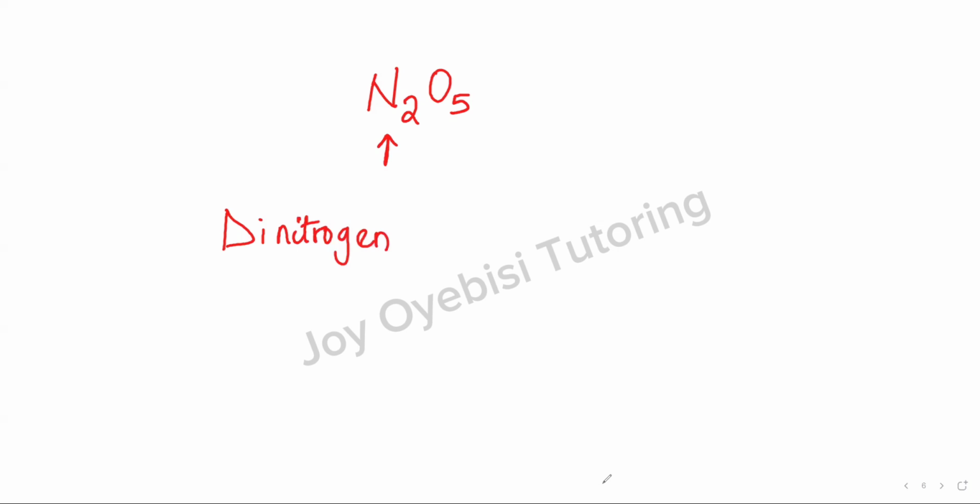Then 5 is penta, and oxygen is oxide. So dinitrogen pentaoxide, but you say pentoxide. Remember, we drop the a on the penta and combine with the oxide. So you have dinitrogen pentoxide.